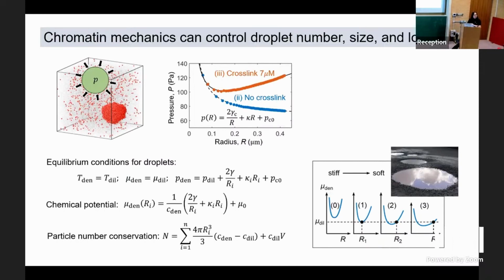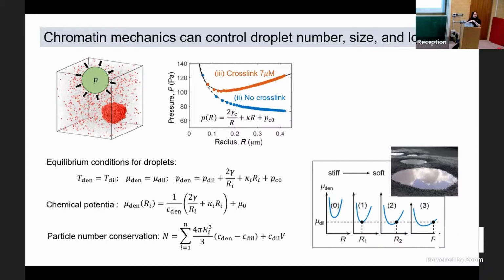So this kappa, that's the what is it? It's kind of not bending modulus, but when you expand it, you have this elasticity.